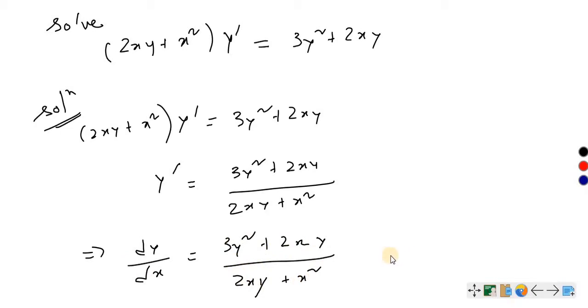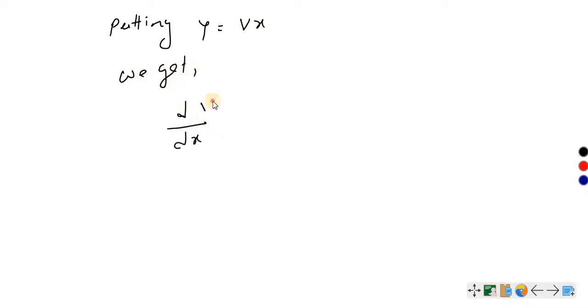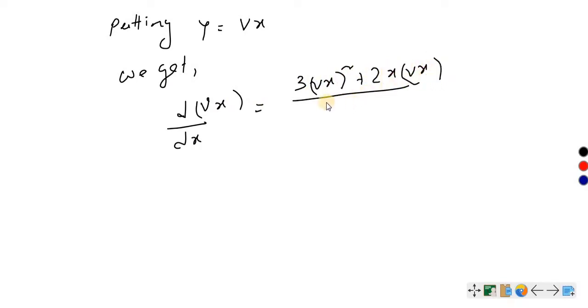Now let us put what? Y is equals to Vx. We get d/dx of Vx is equals to 3Vx square plus 2xVx divided by 2xVx plus x square.